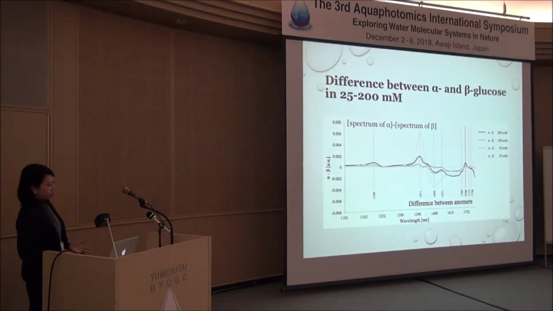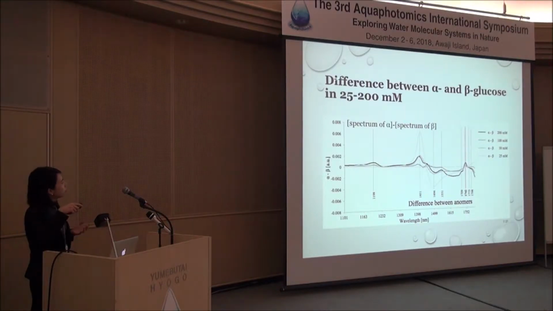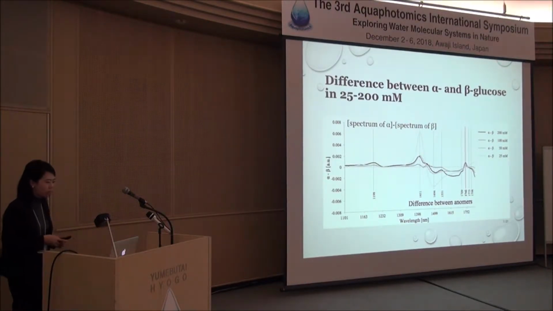First of all, we got both pure anomer powders and prepared each solution, and we measured each anomer solution from 25 to 200 millimolar to examine the difference between the anomers.